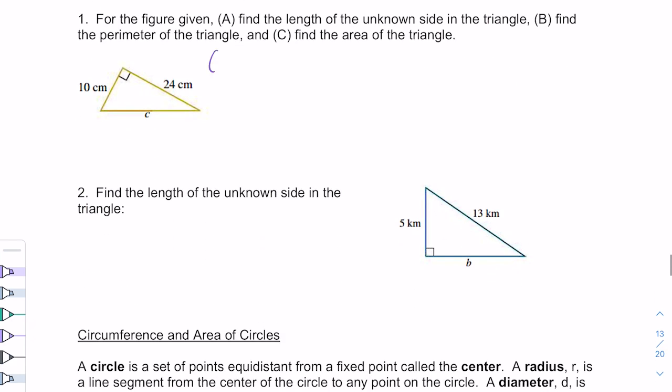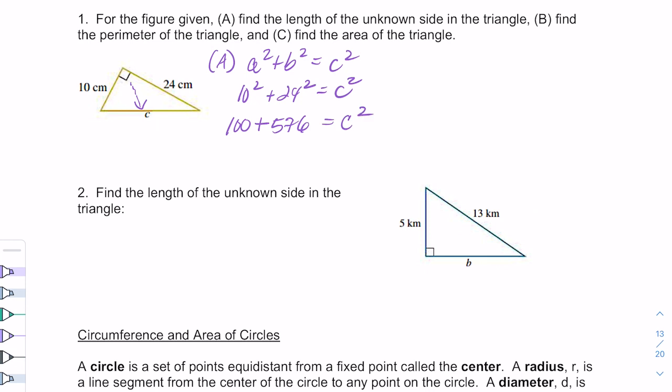So for letter A, I'm going to do a squared plus b squared equals c squared. And here, the hypotenuse, which is across from the 90, happens to be C. And 10 and 24 are your A and your B. And again, it doesn't matter which is which. So now when you simplify, you're going to take 10 squared, that's 10 times 10, which is 100, and 24 squared is 576.